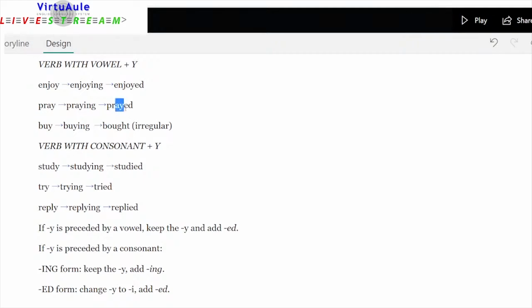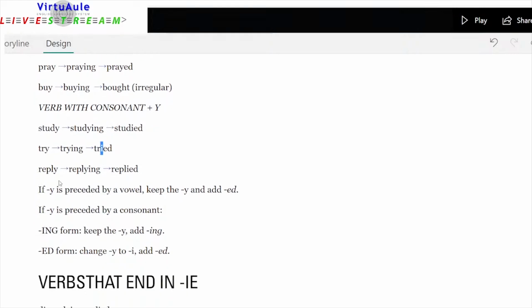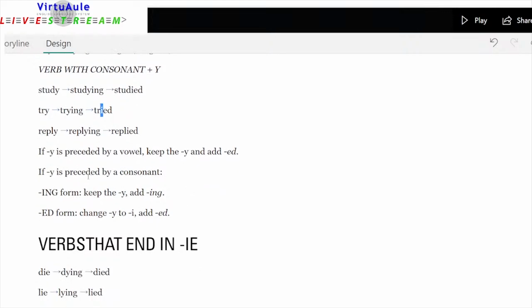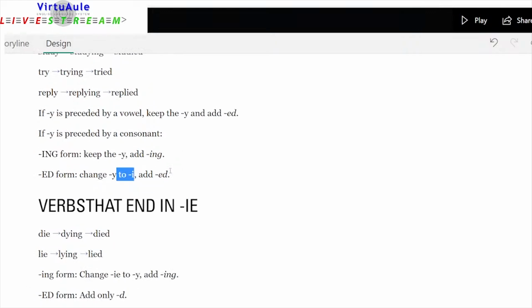Prayed, A-Y-E-D. Tried, you have to add the I. Reply, replying, and replied. If the Y is preceded by a vowel, keep the Y and add the ED. If the Y is preceded by a consonant, for the ing, you keep the Y and add ing, and you change the Y to an I in the past form.